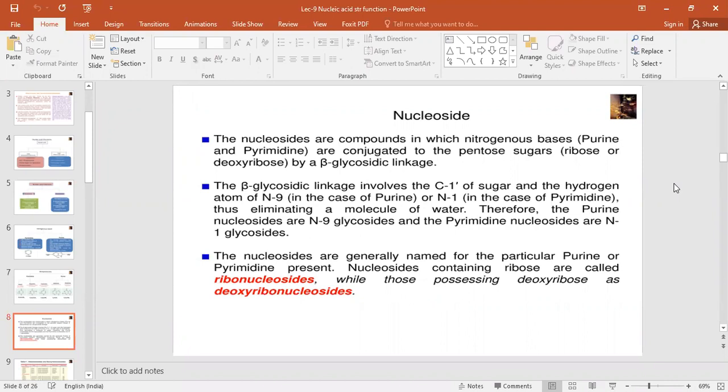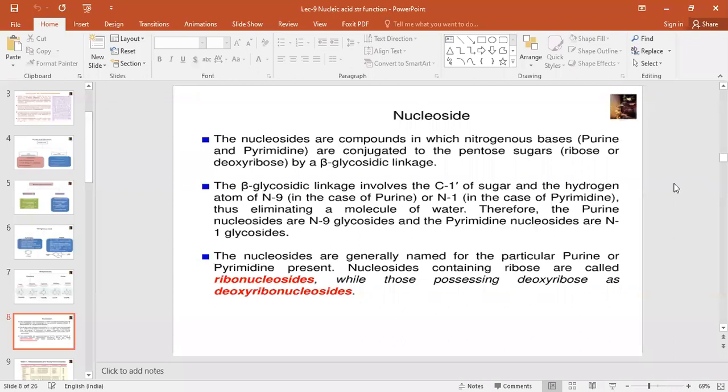Yes, and this glycosidic bond is formed between the first carbon of the sugar and, if the nitrogen base is purine, the 9th nitrogen of the purine, or if the base is pyrimidine, then the first nitrogen of the pyrimidine. Glycosidic bond or nucleoside is formed between the sugar and what? Nitrogen bases.